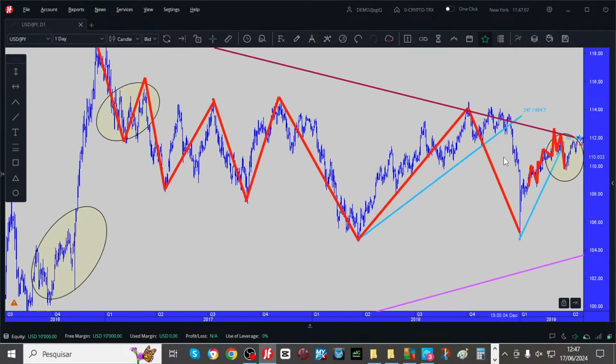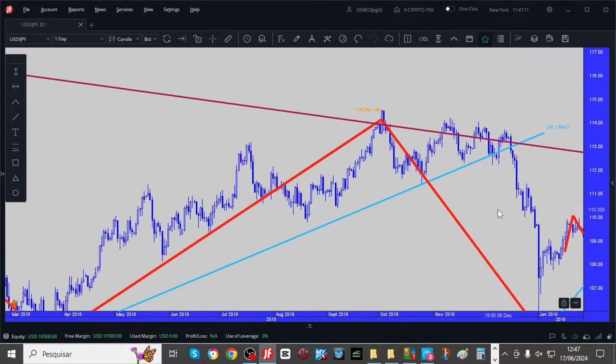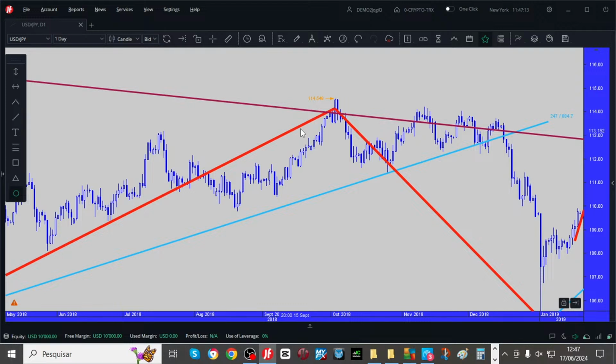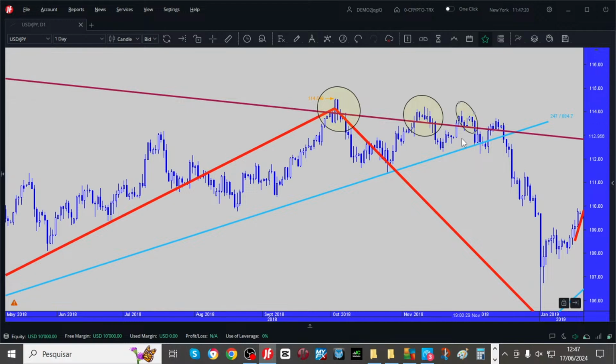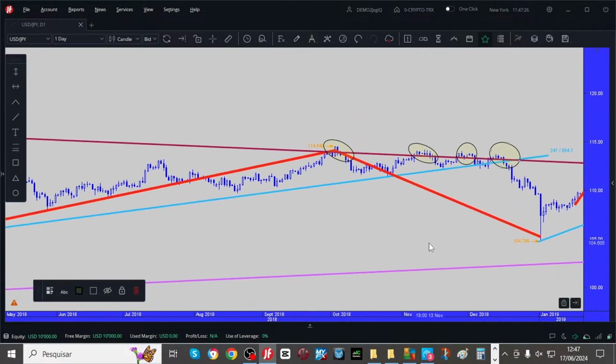We have 4 false breakouts so far. This is a false breakout, this is a false breakout, this is a false breakout, and this is a false breakout, all right?